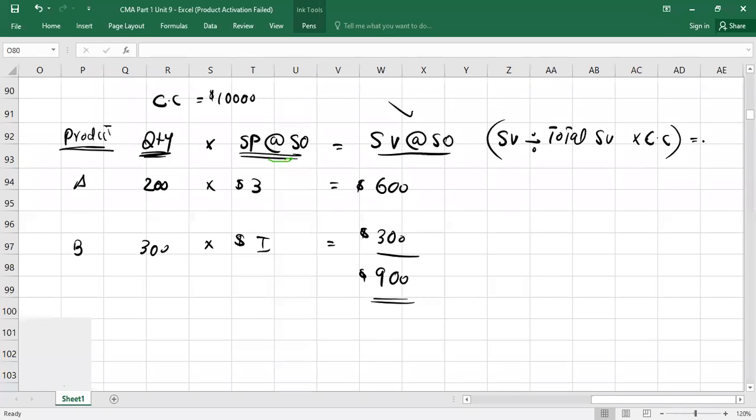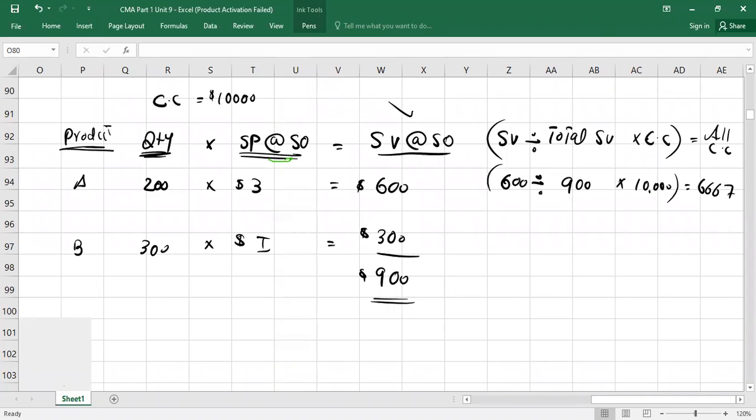This will give you the allocated common cost. For example, for product A, the sale value is 600, divided by the total value of 900, and multiplied by the common cost of 10,000. This will give you the allocated common cost. How much is it? 6,667, rounded.